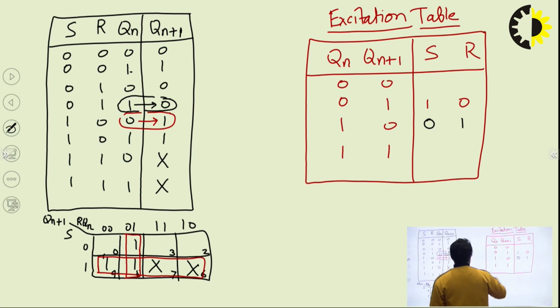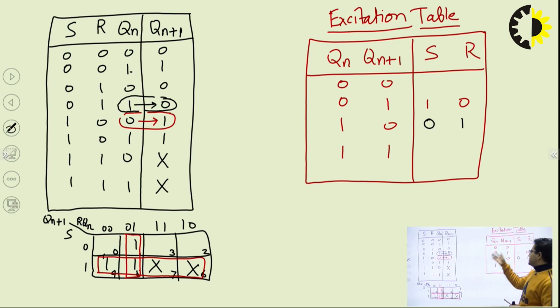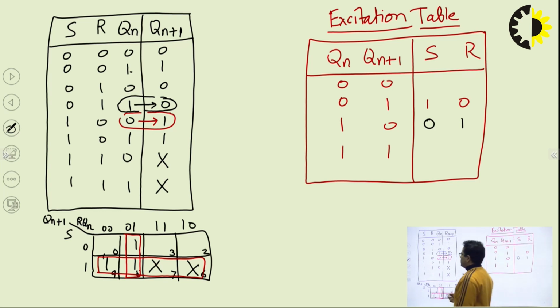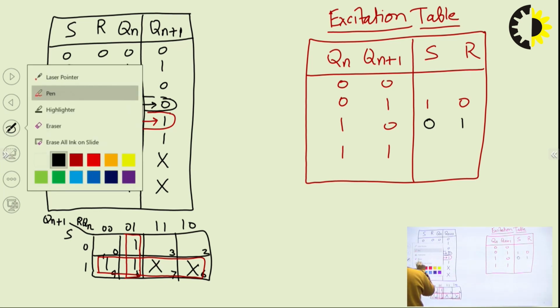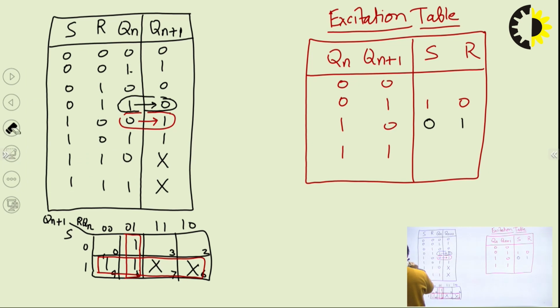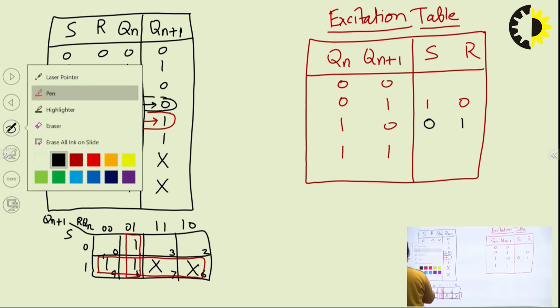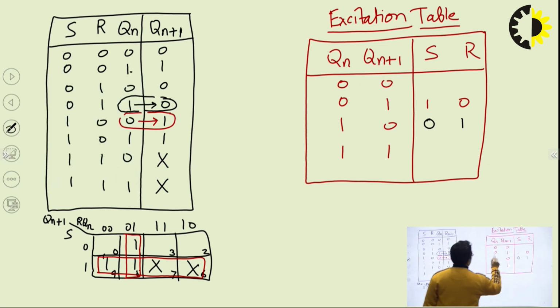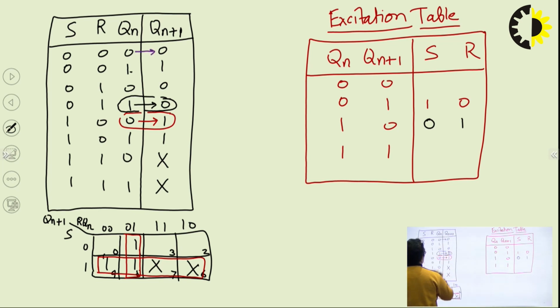Now the next case: the two combinations that we are left with are 0 0 and 1 1. So let us quickly move to how we can write the SR input values for these two combinations. So it is 0, 0. Output is changing between 0 and 0. For this also we are having 0, 0. So we have to concentrate on these two values.